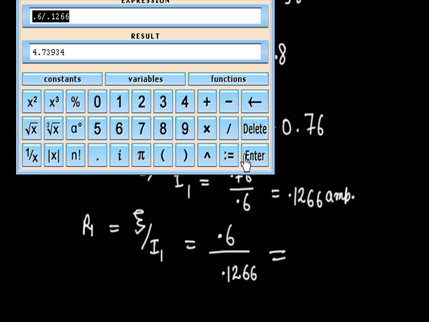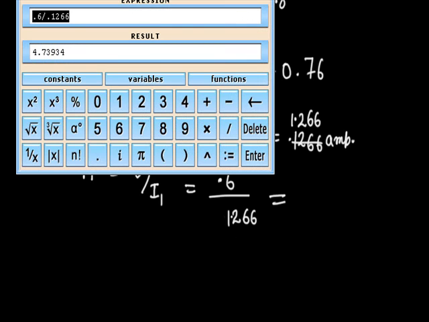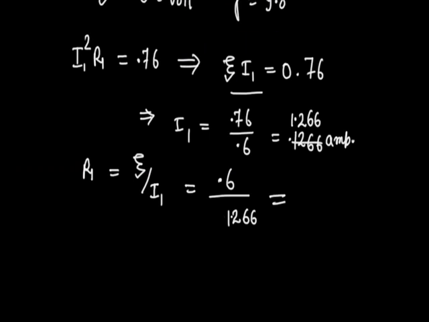This value comes out to 4.73. You're getting? Basically this is wrong. This should be 1.266. Now if this is 1.266, this means I have to shift the decimal. So this answer, 4.73, will be 0.473 ampere. This is ohm.